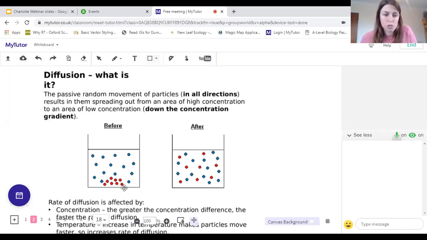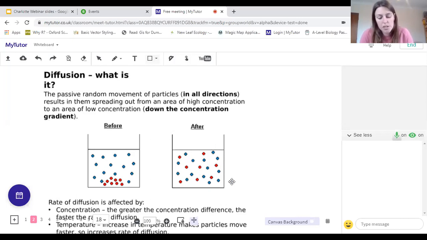So here the red dots are all grouped together in a high concentration of red, to a low concentration. So in this top area of the beaker here, we've got a concentration of blue, but we have almost no red particles, so a low concentration of red particles. And so with that random movement, they will spread themselves out into that area of low concentration.